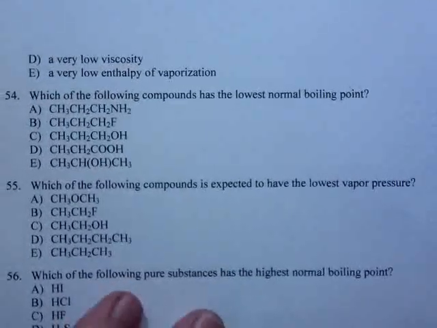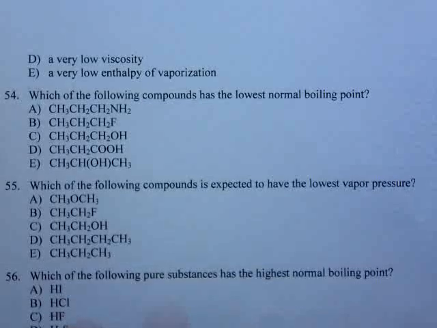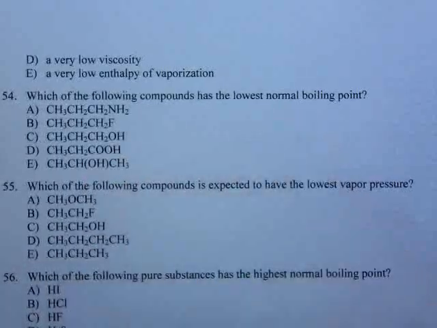Which of the following compounds is expected to have the lowest vapor pressure? Numbers 54 and 55. Which has the lowest normal boiling point and which has the lowest vapor pressure? Remember I said there are a couple of things that are affected by hydrogen bonding or any of the dipole-dipole interactions. That's vapor pressure and boiling point.